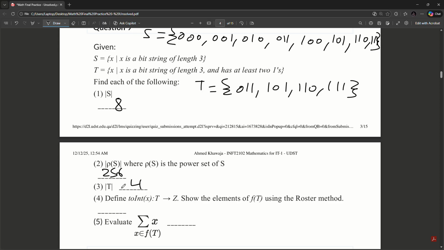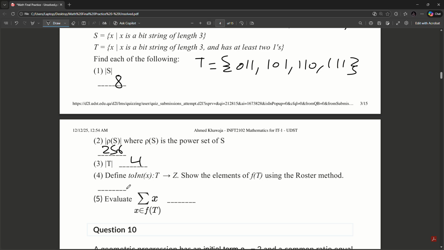And now it's saying for part 4, define the integer of x, so all the items inside T, convert them into integers, and then show the elements of the set using the roster method. The roster method is just discrete structure jargon for putting it in curly brackets, right?